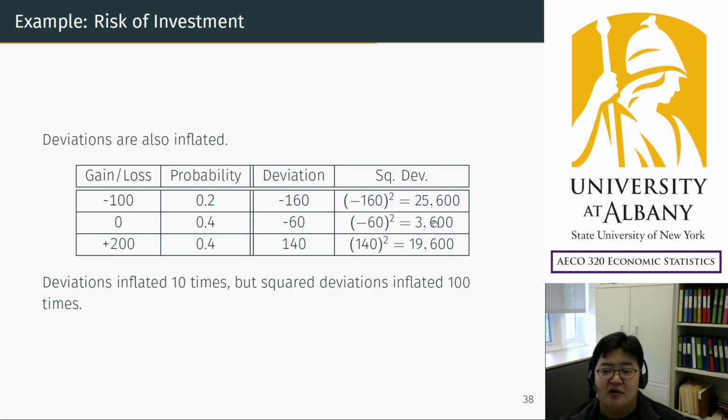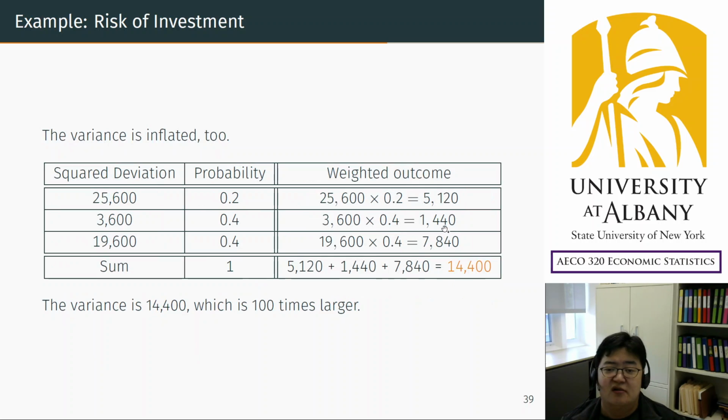This will make a difference. This will result in a variance of 14,400. Remember earlier, the original variance was 144, but now it is 14,400, so two more zeros. The variance is 100 times larger, not 10 times.